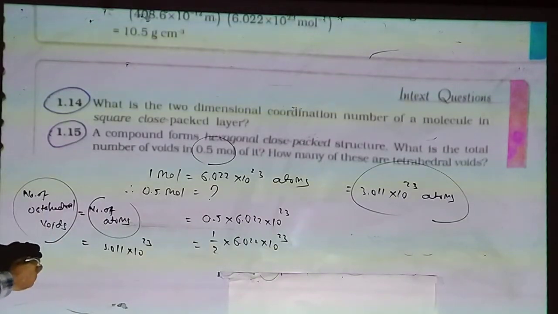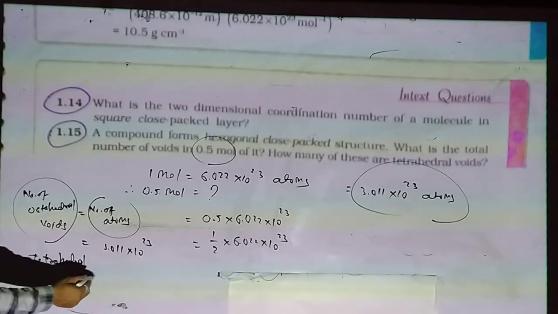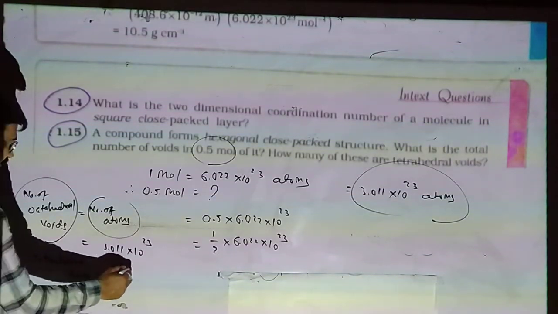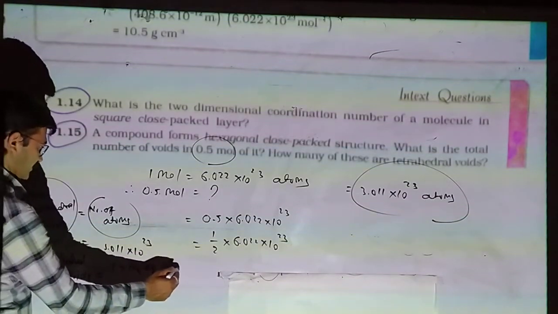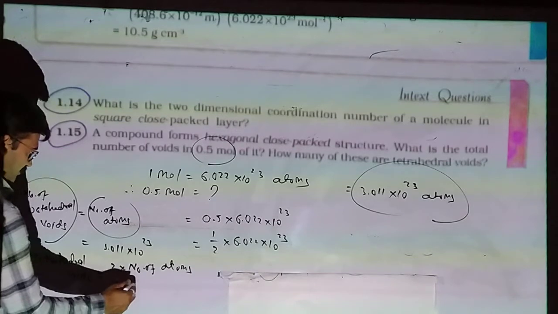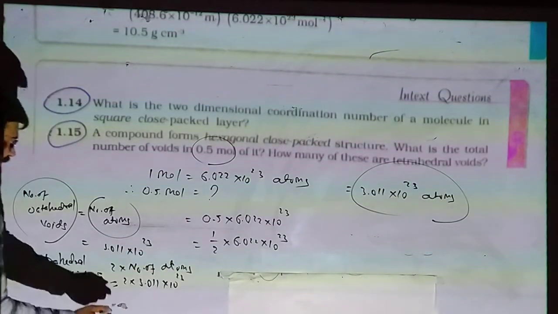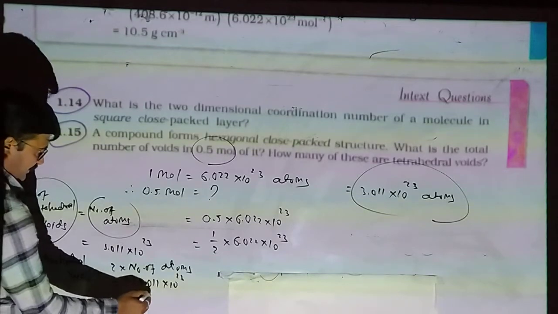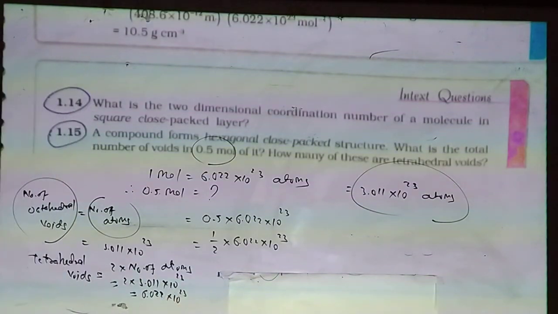Now tetrahedral voids are twice the number of atoms. So 2 into 3.011 into 10 raised to 23. So 6.022 into 10 raised to 23 are the tetrahedral voids.